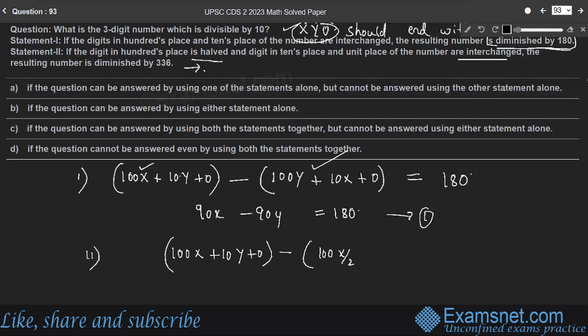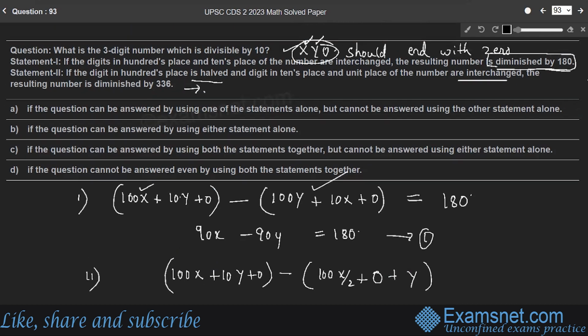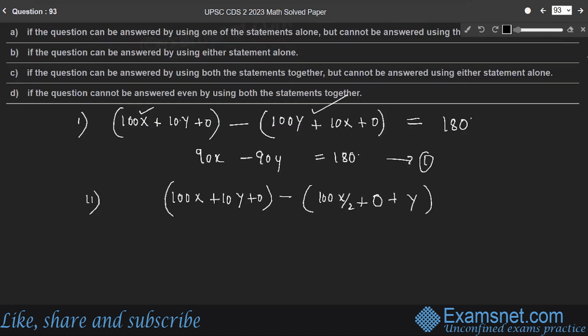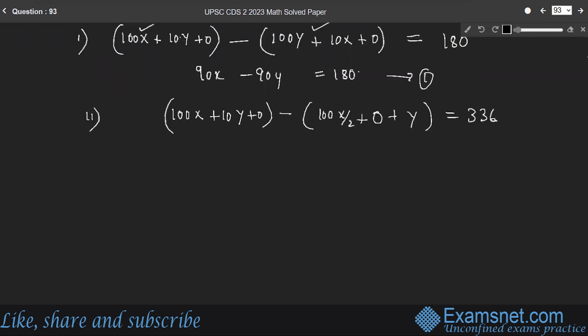And the tens place and units place are interchanged, that means the tens place becomes 0 and the units place becomes Y. The resulting number is diminished by 336, and the difference is 336, right?